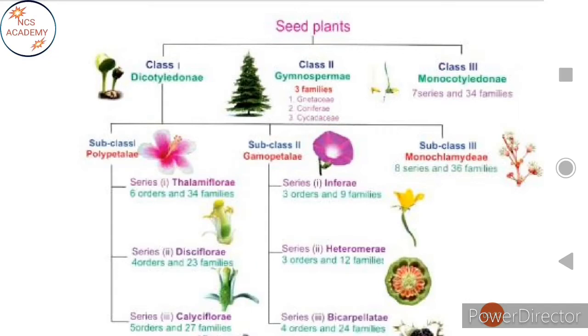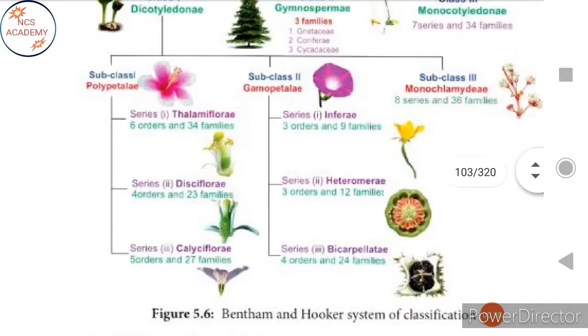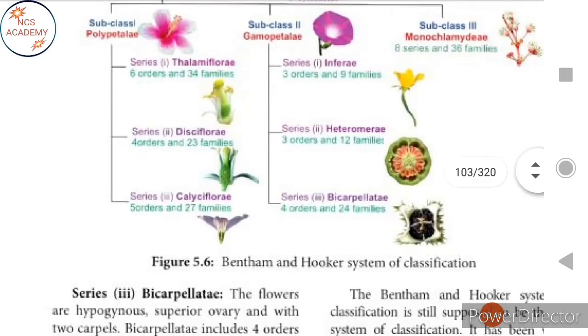According to the Bentham-Hooker system of classification, in the flow chart given, you see that the two cotyledons, that means dicotyledons, come under the class Dicotyledonae. Then this cup-shaped thalamus comes under the subclass Polypetalae.